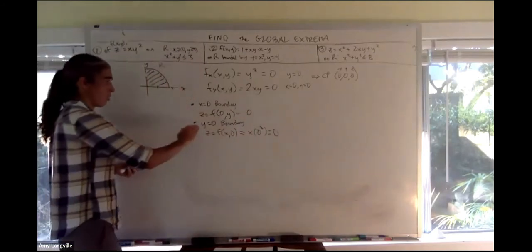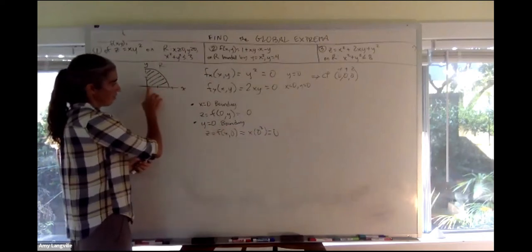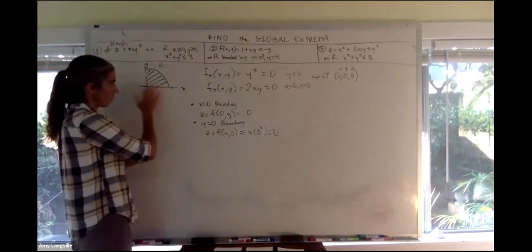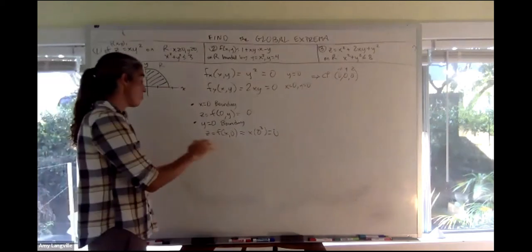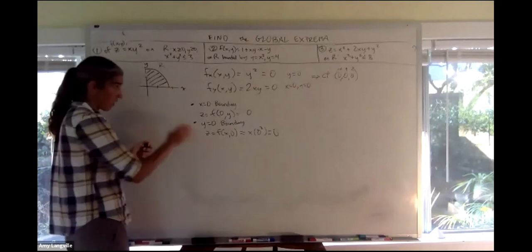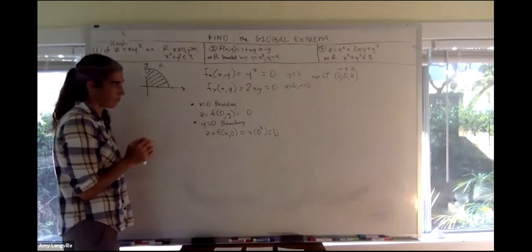And so that means along the y equals 0 boundary, which is right here, the surface has a z value of 0, which means it never leaves the xy plane right there. It is always in the xy plane. And so therefore, any point on this, you can call those all tied along that boundary for the global max and global min along that boundary, right?